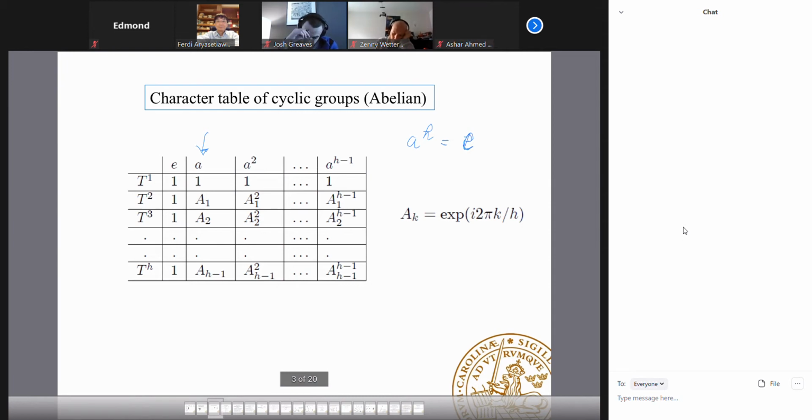So since it is abelian, it's also very simple. So here actually we can get a general solution. So if we take AK to represent the element A, then we know that A to the K power of H must be just equal to 1.